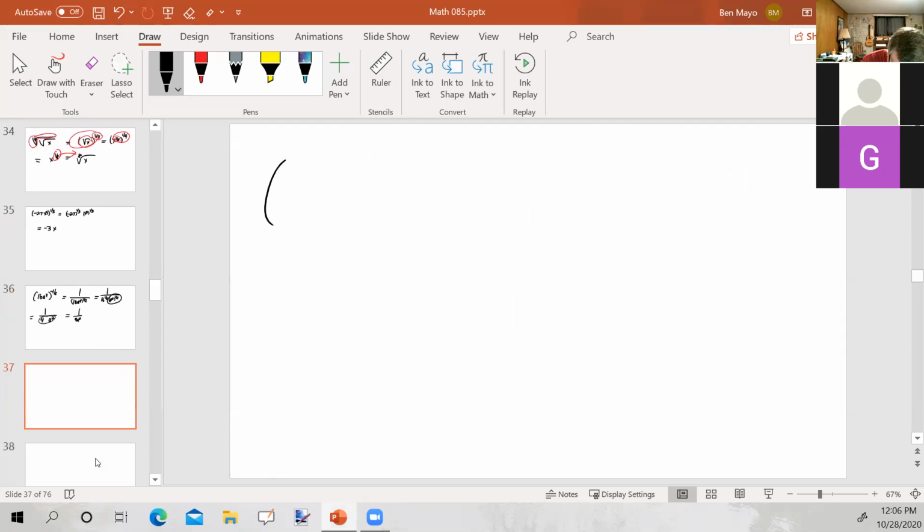How about this one? Negative x to the 4th to the 1/4 power. Is that no solution? Good job. It's not real because you're taking an even root.